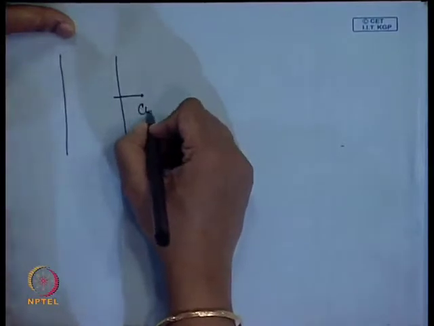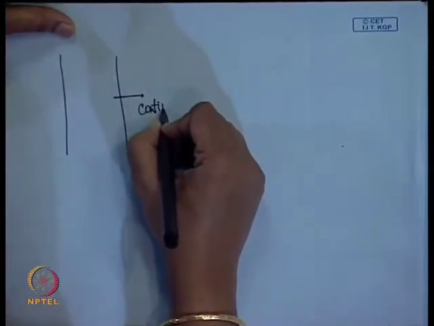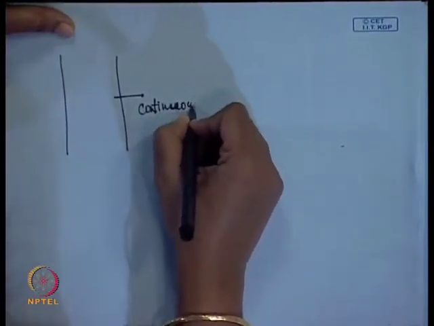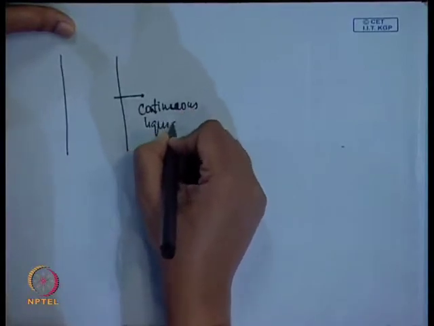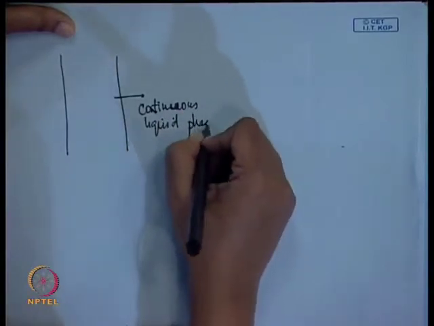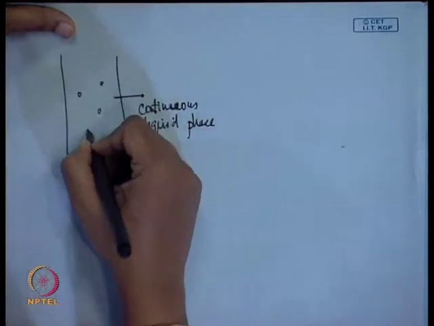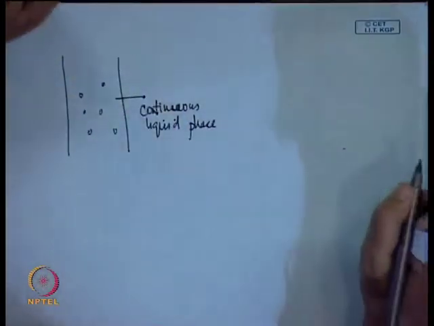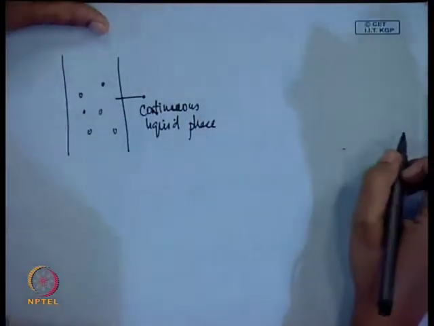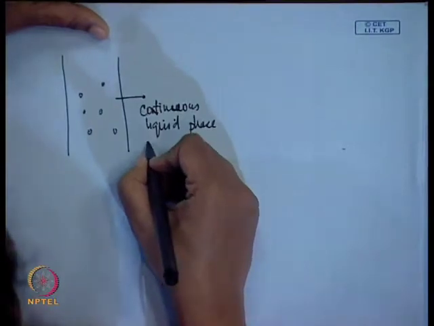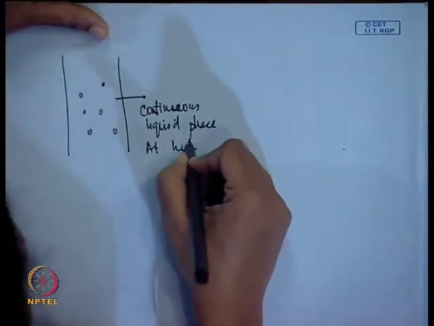Now, for the bubbly flow pattern, what have we observed? It has a continuous liquid phase with bubbles dispersed in it. This is the ideal case where very small bubbles are dispersed. This occurs at high mixture velocity, or high phase velocities.